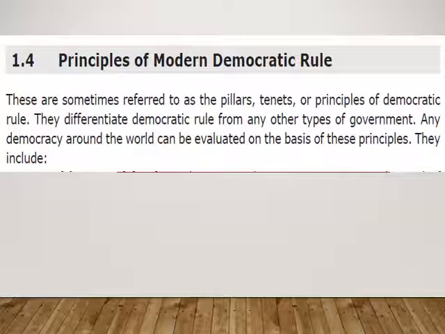And please always keep in mind these principles are the only way you can use now to differentiate between patterns of government states and democracies.